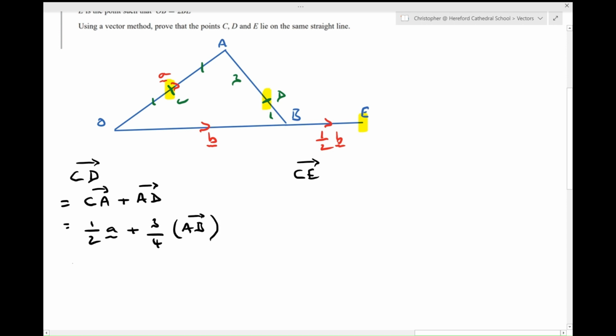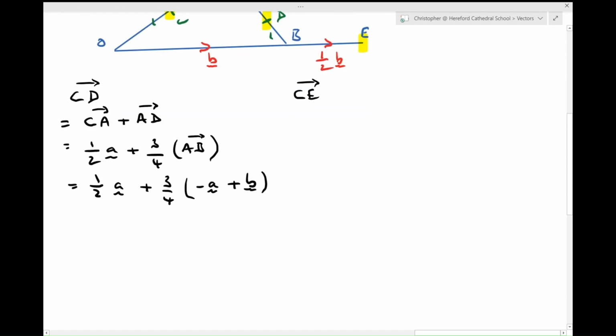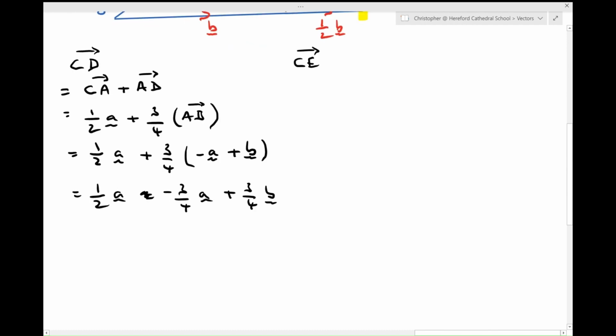So that's a half of a plus 3/4 of AB. Now, if I was going A to B, I'd go A to O, and then O to B. There we go. Right, let's carry on simplifying this. 1/2 a plus, well, minus 3/4 of a plus 3/4 of b. So that is minus 1/4 of a plus 3/4 of b.